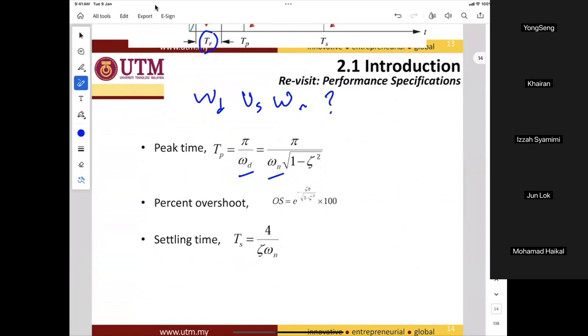Iza Shamimi. What is the difference between omega d and omega n? Zeta is the damping ratio. Iza Shamimi, yes, doctor. What is the difference between omega d and omega n?